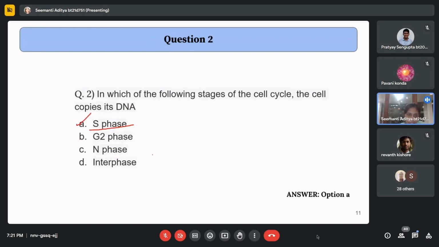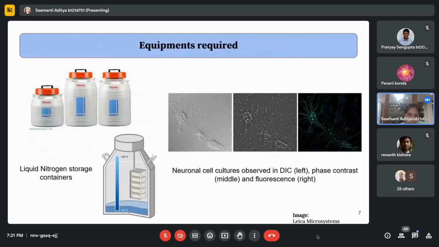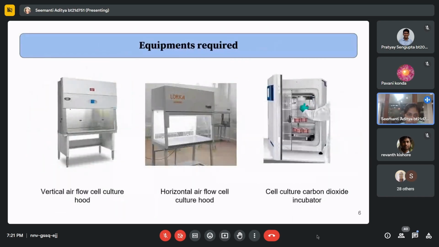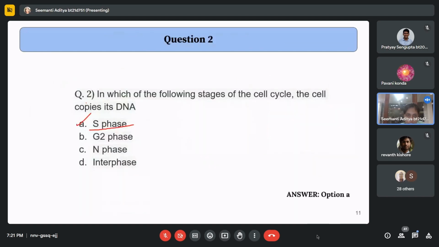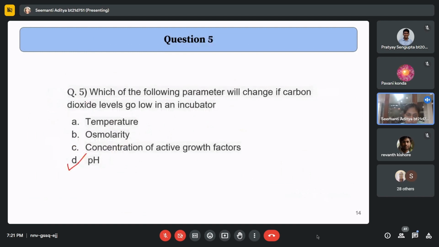I had discussed how the airflow should be in these kinds of hoods. Either the airflow is vertical or the airflow is horizontal. If you are switching it off, then that airflow will not be maintained.